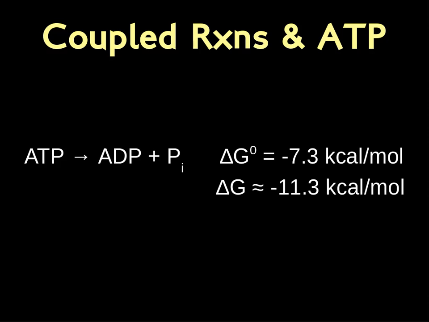Remember, that's going to be modified by your specific conditions like temperature and pH. And actually in physiological conditions, the actual delta G that you get from that reaction is about negative 11.3 kilocalories per mole. Which is a lot.